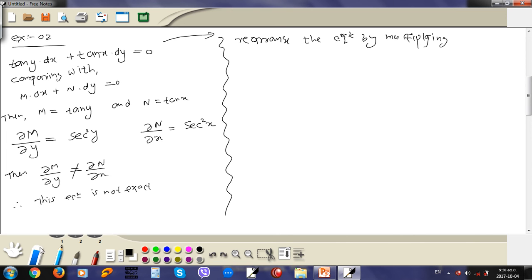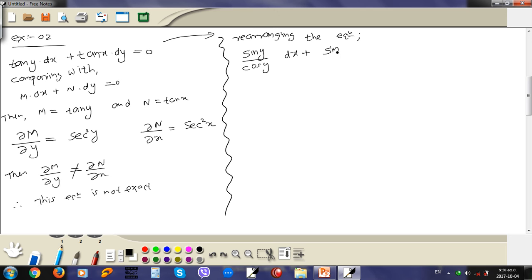Tan y we can write as sin y over cos y times dx, plus tan x we can write as sin x over cos x times dy, equals 0.